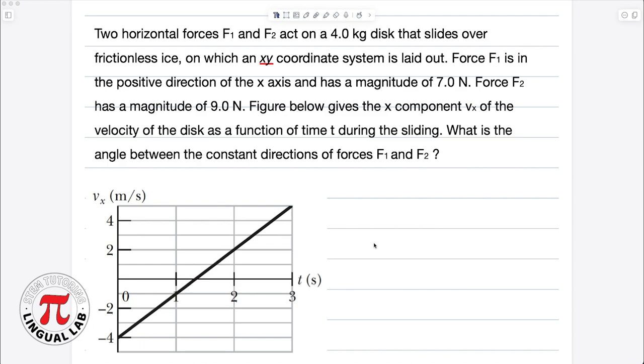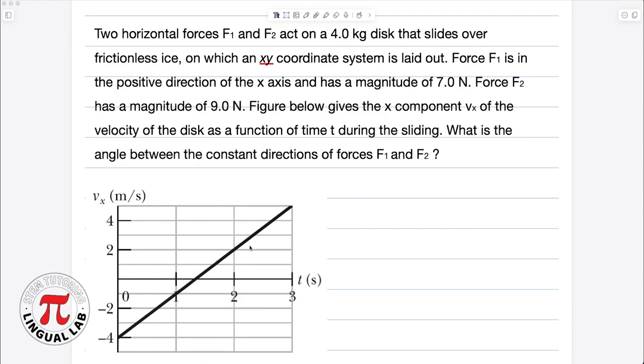So we have the figure here. We see that this is the velocity x component, and this is a straight line, a linear graph.